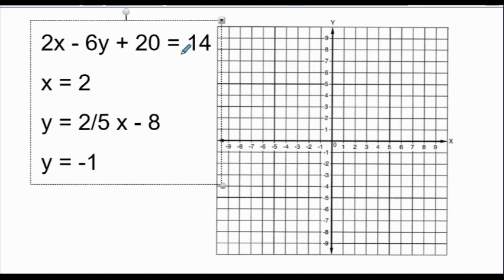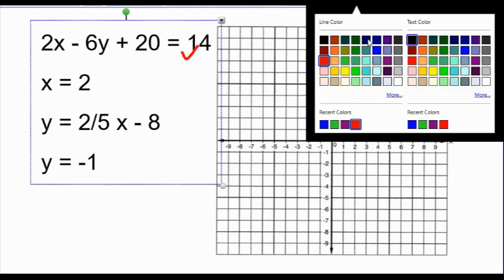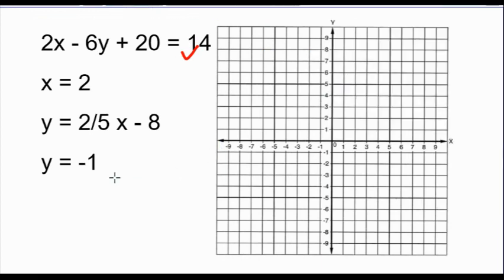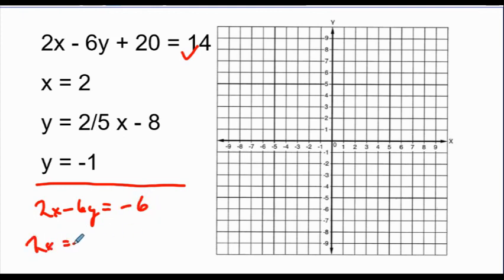So I'll do the first one in red. We're going to stay in red, and we're going to draw a line. Okay, that one's a little tricky. So I have to do a little bit of work to get that one. So 2x minus 6y equals 14 take away 20, -6. So 2x is -6, -6y is -6.